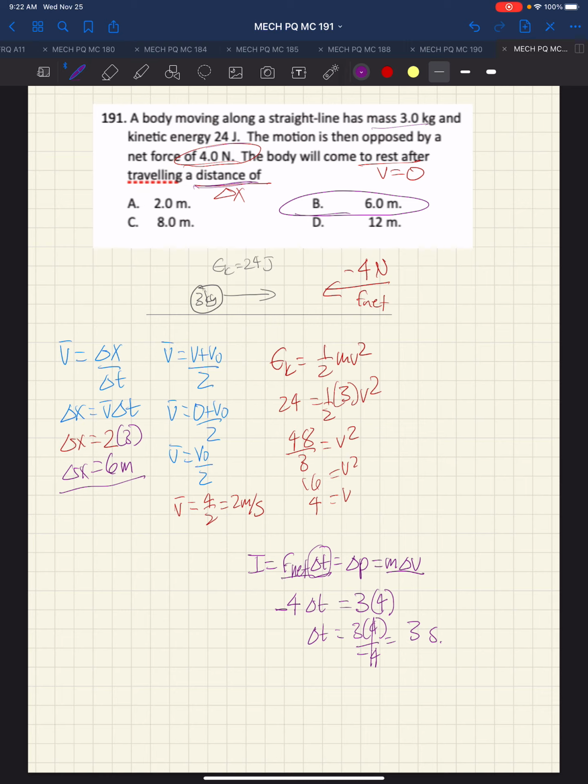So we started with our average velocity formulas and did what we could, but we realized that wasn't enough. Then we went to something else we knew, the kinetic energy. And the kinetic energy allowed us to find the velocity. And once we knew the velocity, we still needed the time. The velocity allowed us to get the average velocity, and so we still needed the time to find the displacement.